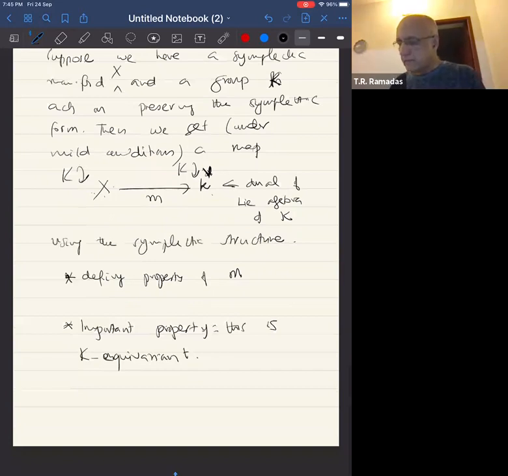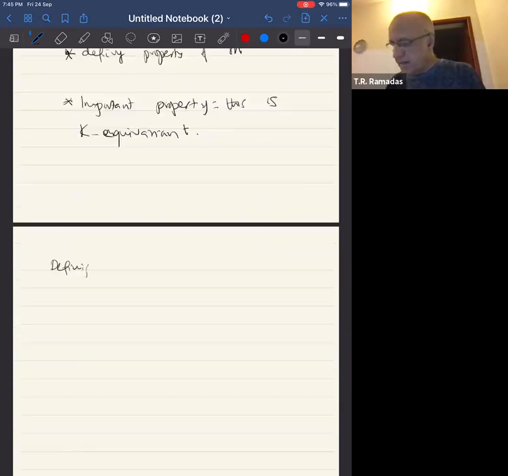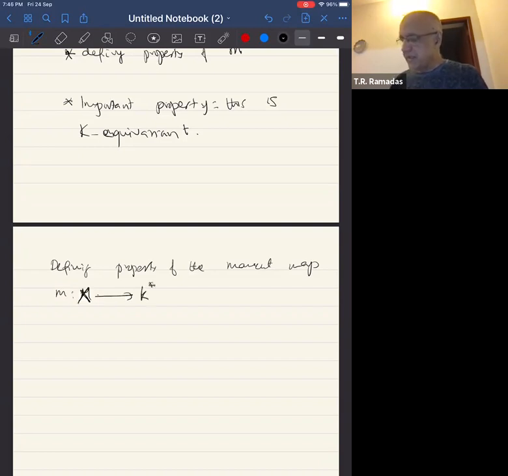So the moment map is this equivariant map from this symplectic manifold with a K action to the dual of the Lie algebra. Okay, what is the defining property? Let psi be any element of the Lie algebra of K.